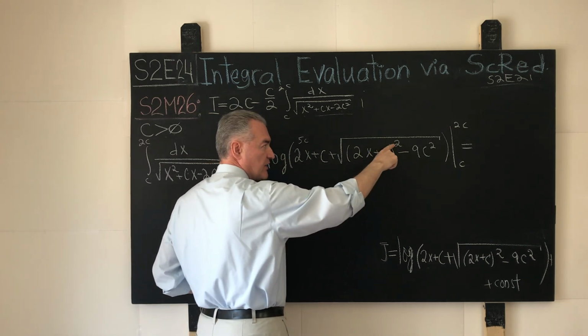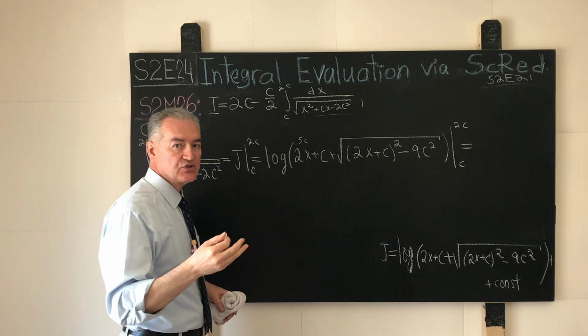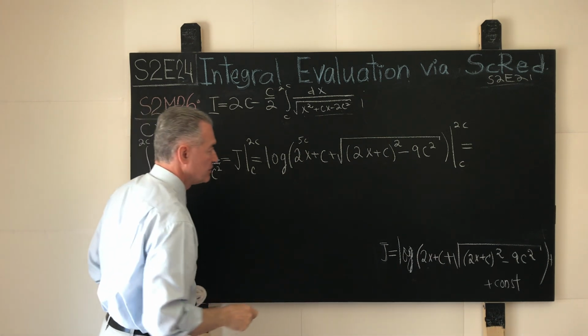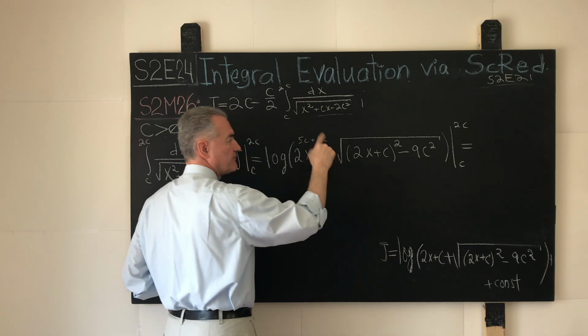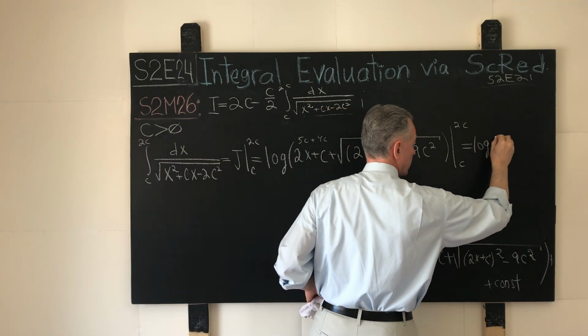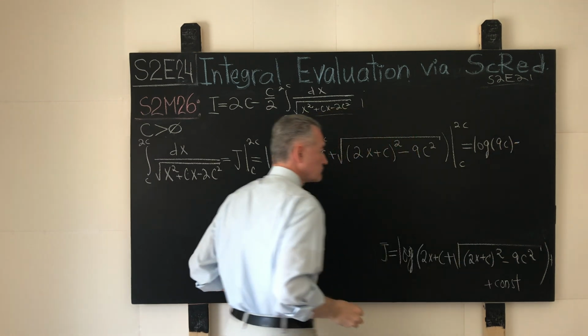5c squared, 25c squared, 25 minus 9 is 16, square root of 16 is 4. We take the absolute value of c again because c is strictly greater than 0. So 5c plus 4c comes out to what? Exactly, it comes down to the logarithm of 9c minus.